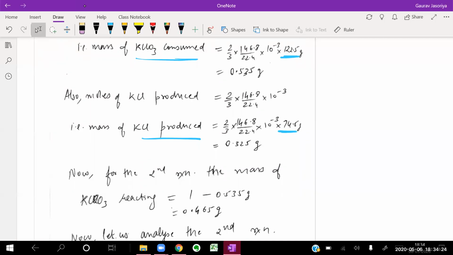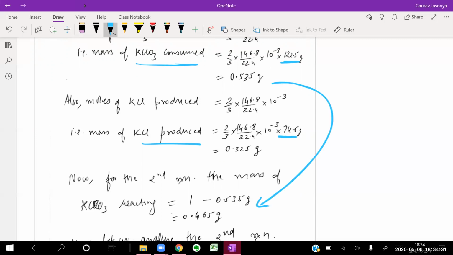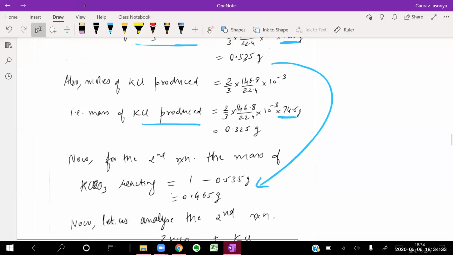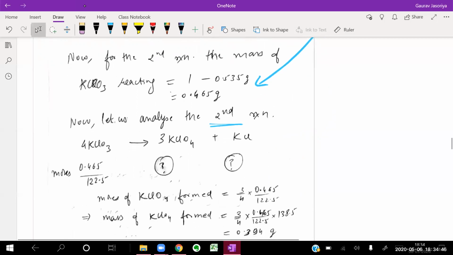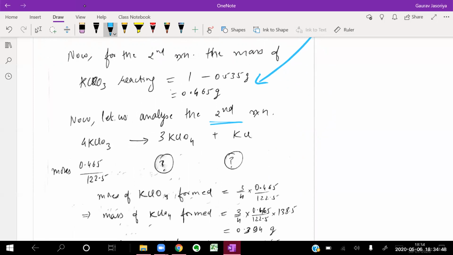Now, the second reaction is actually something where, because we now know that 0.535 grams of KClO3 reacted in the first reaction, we can then compute how much KClO3 is being used in the second reaction. Based on that calculation, we can start analyzing the second reaction also. The coefficients are also given in the balanced form, and the mass of KClO3 is given.